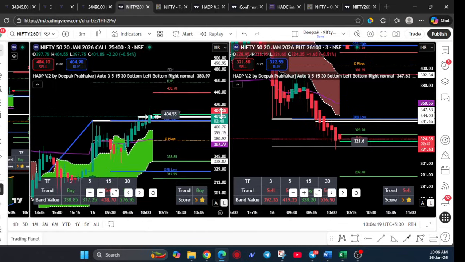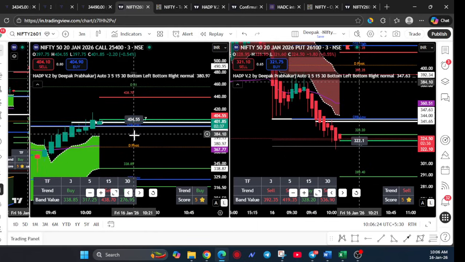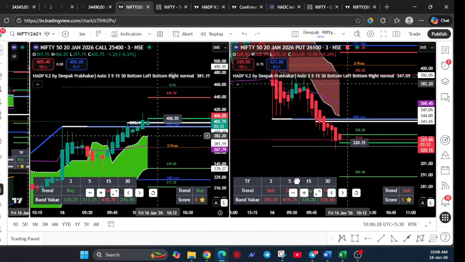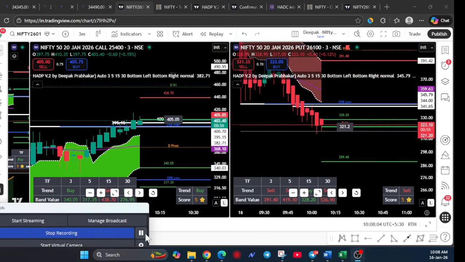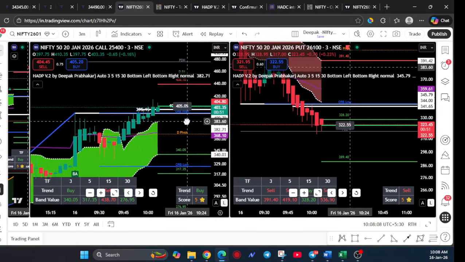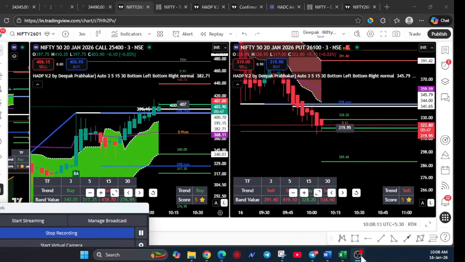So on a 1 minute candle we already saw from 400 to 415 it has given. Please stick to the time frame you are taking entry on. Your entry and exit should be on the same time frame.